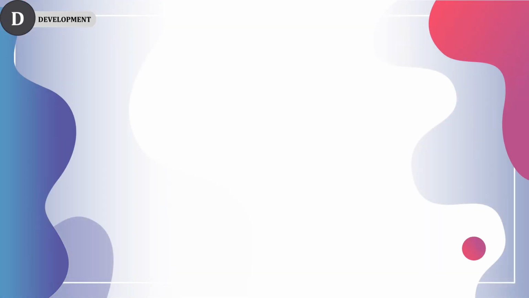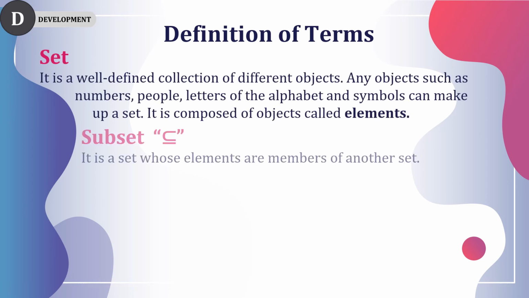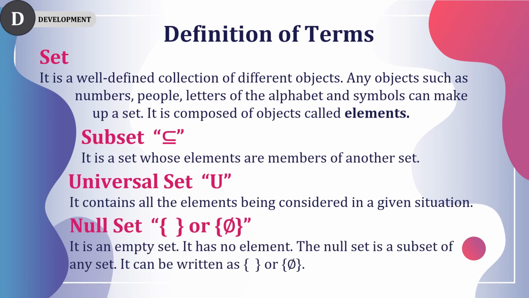To summarize, here are the terms and their definitions based on our discussions. First, set. It is a well-defined collection of different objects. Any objects such as numbers, people, letters of the alphabet, and symbols can make up a set.